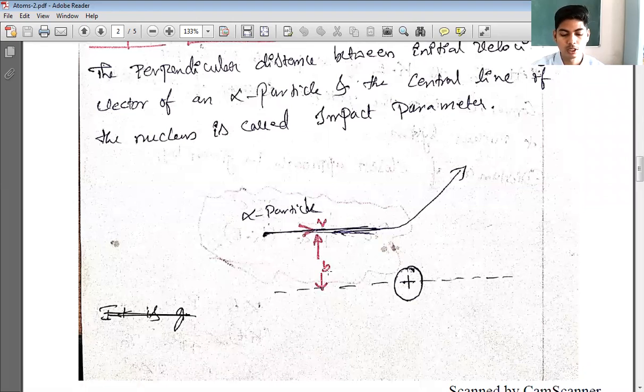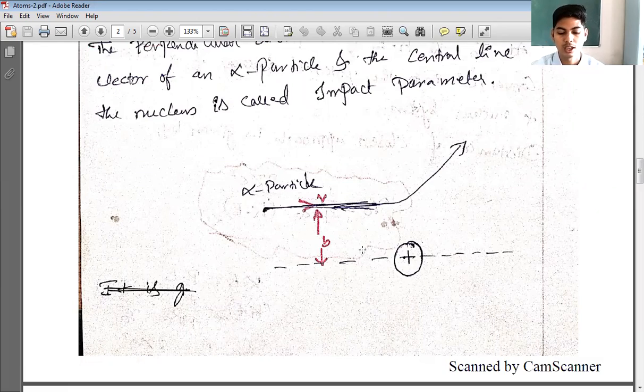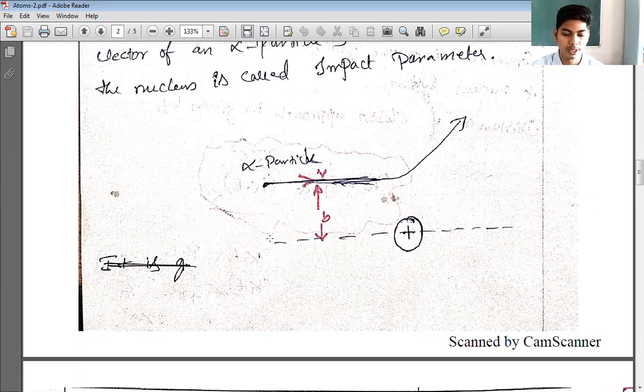This perpendicular distance between the initial velocity vector of the alpha particle and the central line of the nucleus is called the impact parameter. Suppose the alpha particle starts coming close to the central line of the nucleus, then the impact parameter goes on decreasing. During head-on collision, that means when the alpha particle is projected directly towards the nucleus, we call such collisions head-on collision.